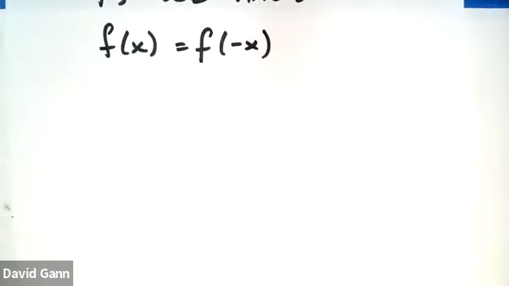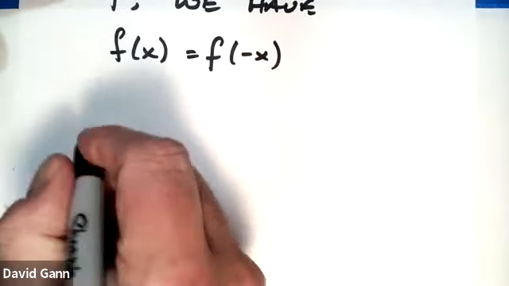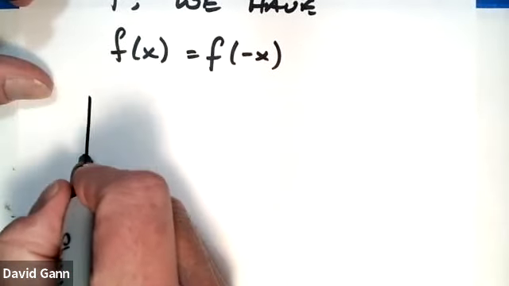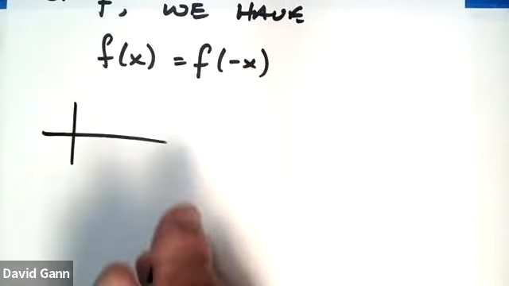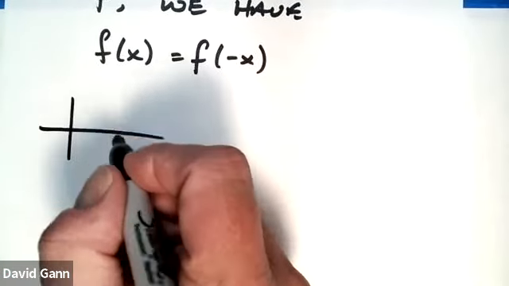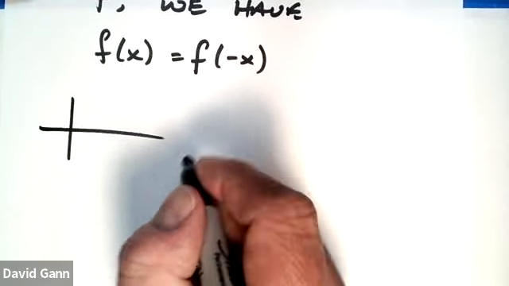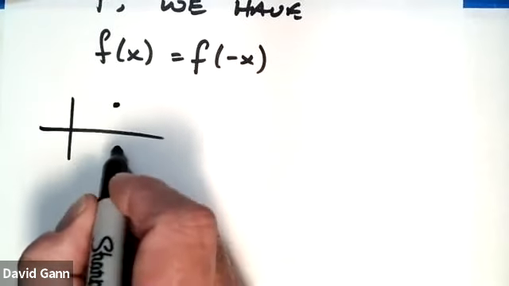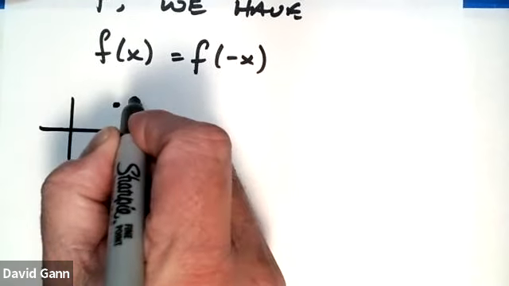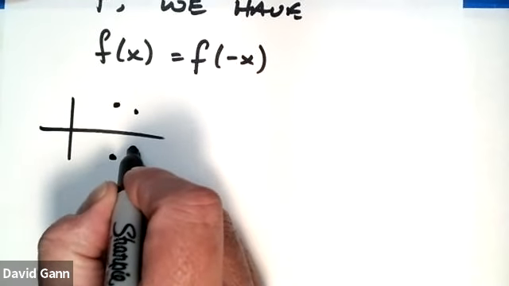Okay, so just to give you a little bit of graphic, let's do an x-y axis. If you have symmetry with respect to the x-axis, then for every point above, there's a point below, right, for the function.